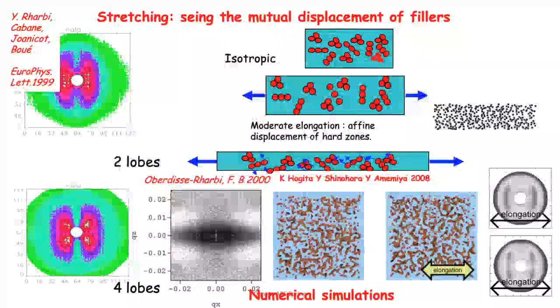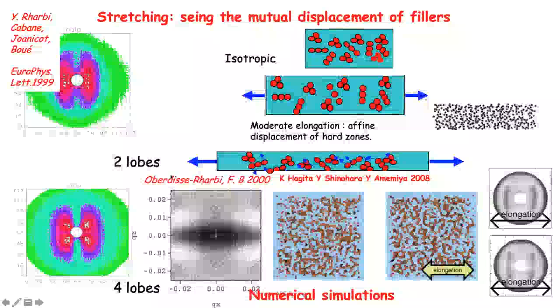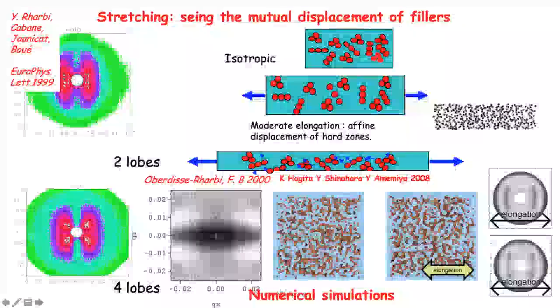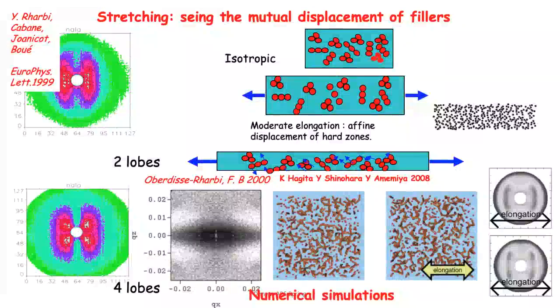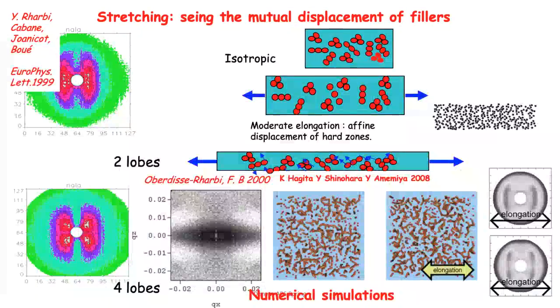And by doing that, we obtained this kind of 4 lobes simulated shapes here in the middle, with Julian and Yaya Harvey. And later on, a Japanese group with Amemiya made some very nice simulation, much more precise, and obtained very similar scattering patterns in a very dedicated work.